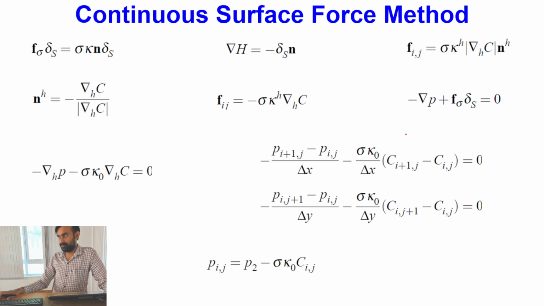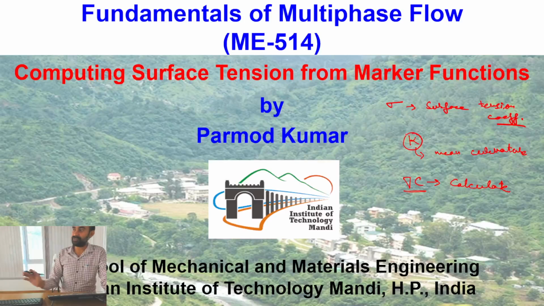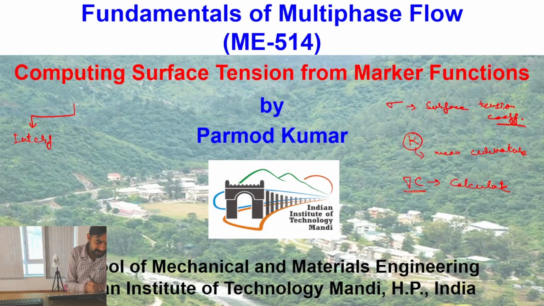the surface tension force. So typically the computation of surface tension force can be done separately for interface reconstruction methods and front tracking methods. So one category we know is interface reconstruction, and the second category is front tracking.